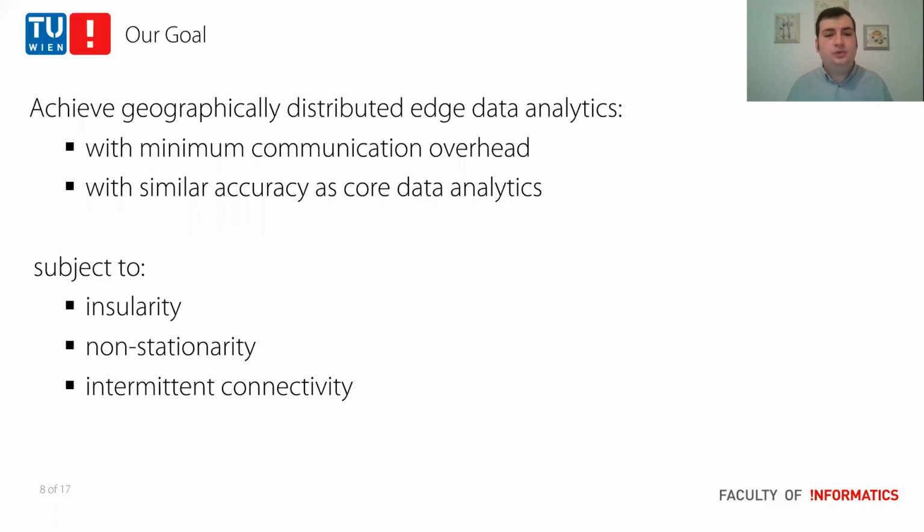And we also aim to have similar accuracy to core data analytics. These two objectives are obviously conflicting, so this is not a trivial problem. Moreover, the problem is also subject to the three challenges that I have just introduced.